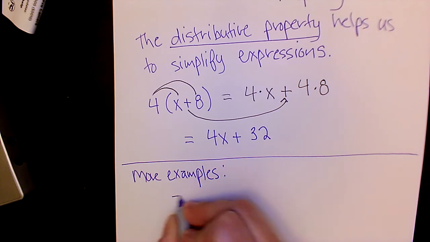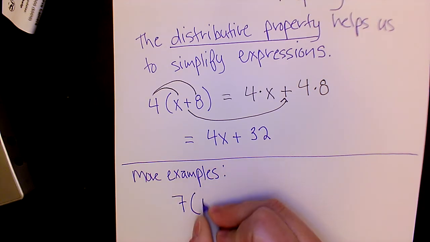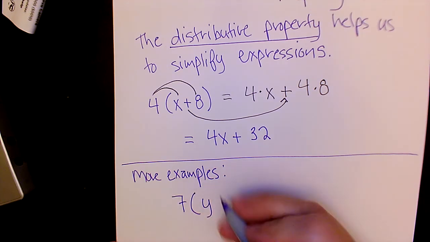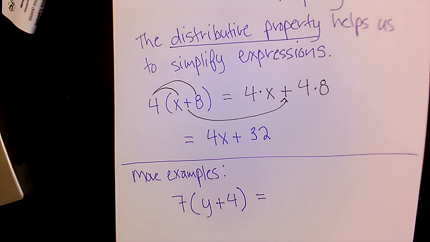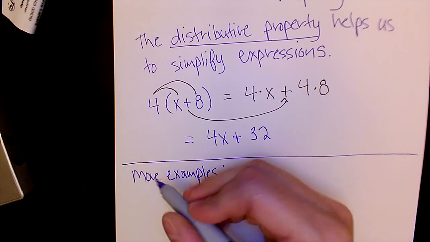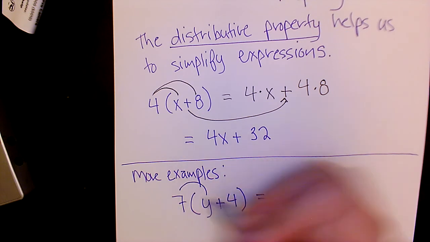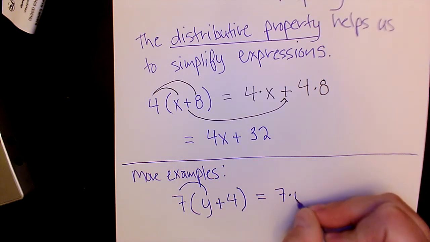Okay, what if I had, so I want to simplify 7 times this quantity, y plus 4. So again, I'm going to do the same thing. Take the 7, and I'm just writing out the steps.